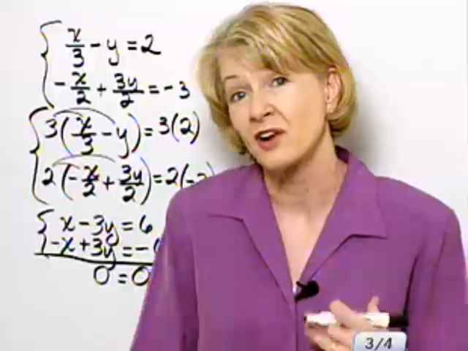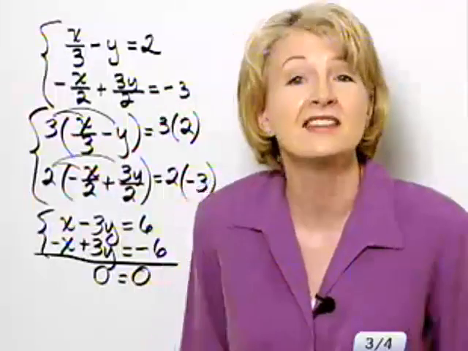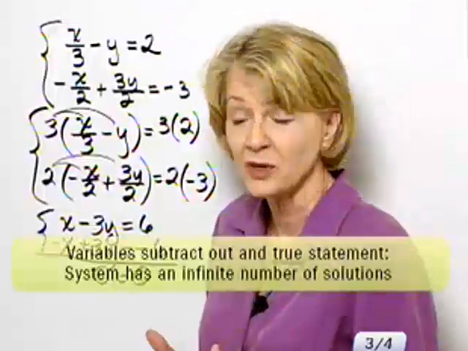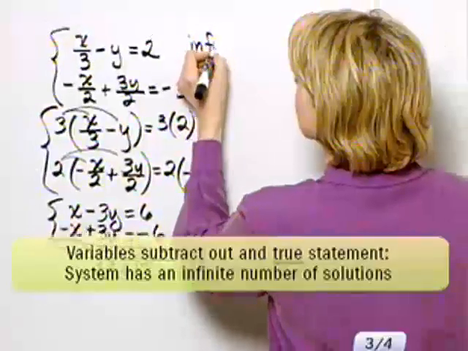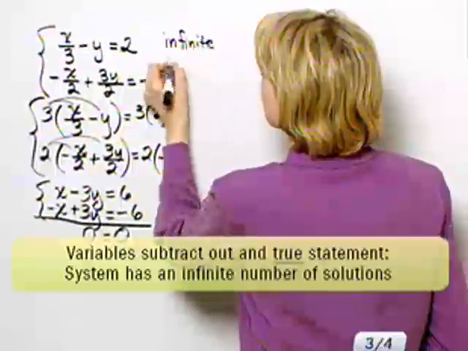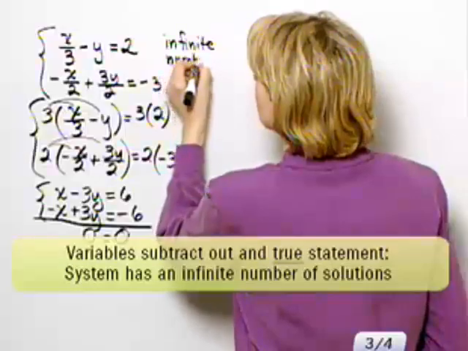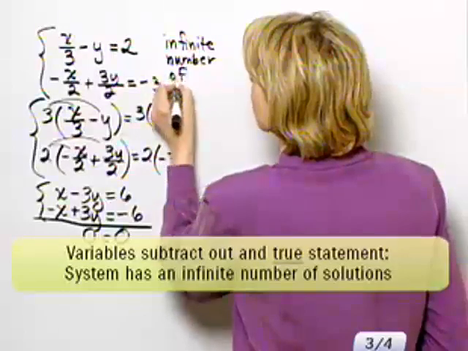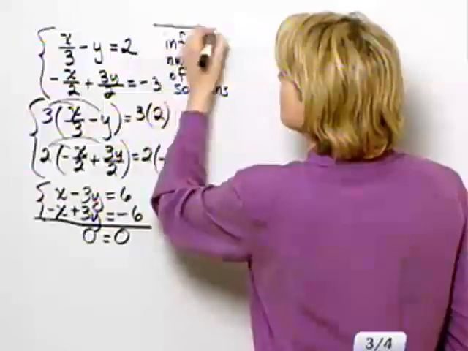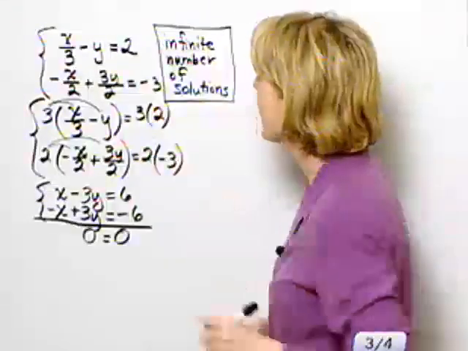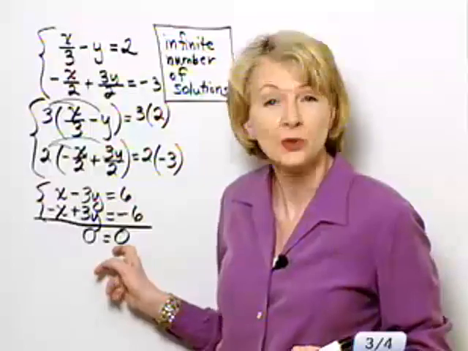The graphs are the same line, and this system has an infinite number of solutions. Why? Because all variable terms subtracted out and we ended up with a true statement.